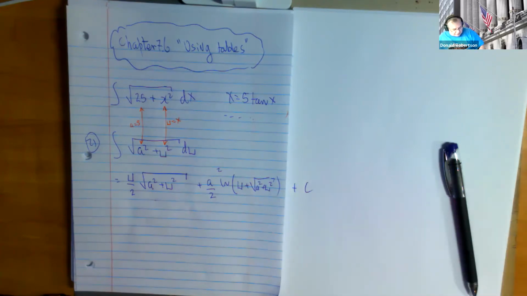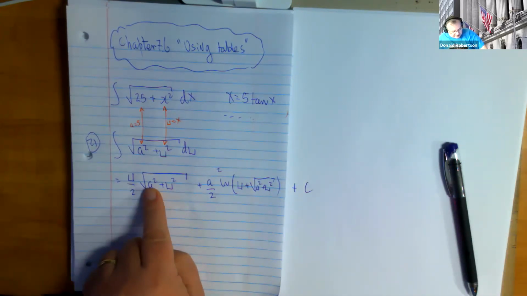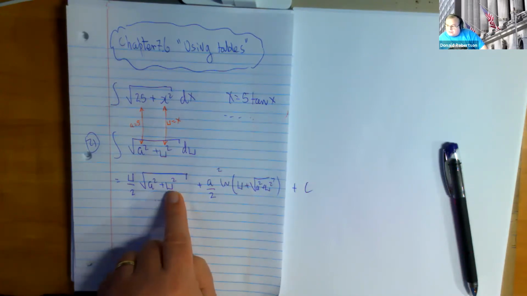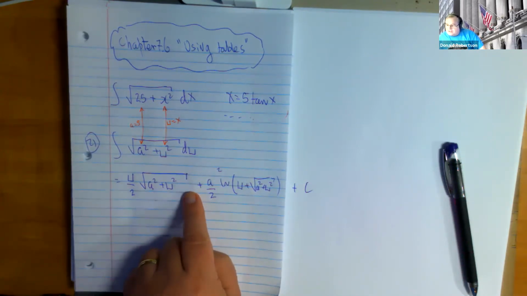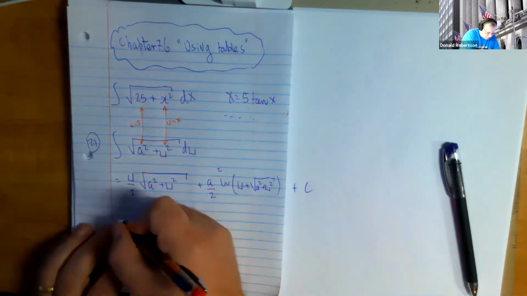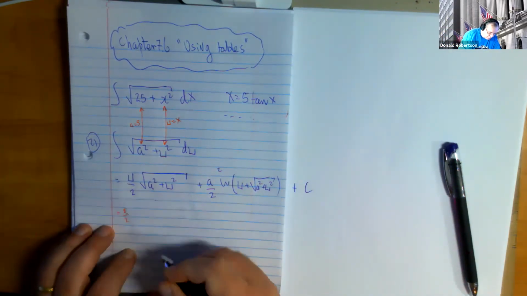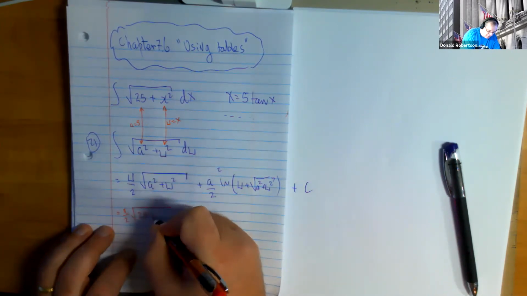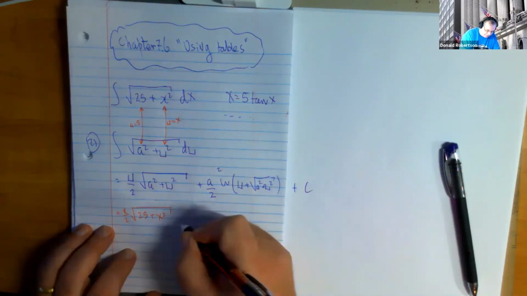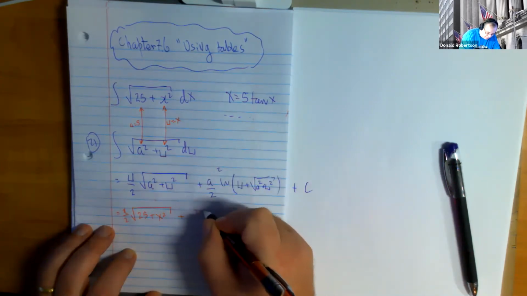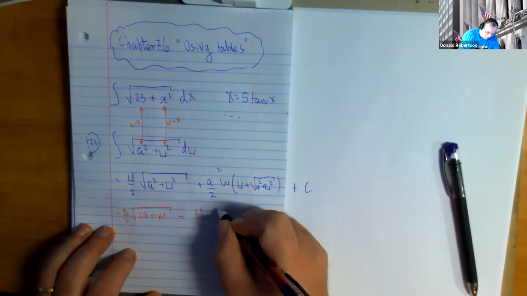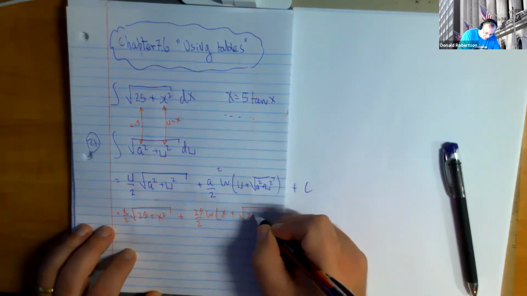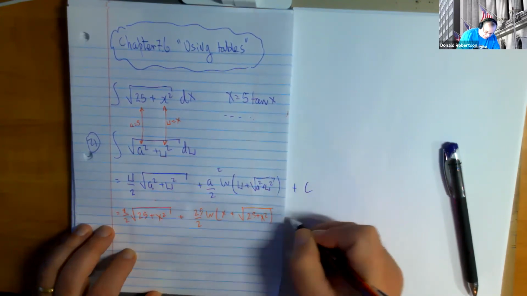And so to be able to use the tables, don't you just go through and every A becomes a 5 and every U becomes an X, right? All the way through. So it becomes X over 2 times the square root of 25 plus X squared, plus 25 over 2 times the natural log of X plus the square root of 25 plus X squared, plus C.